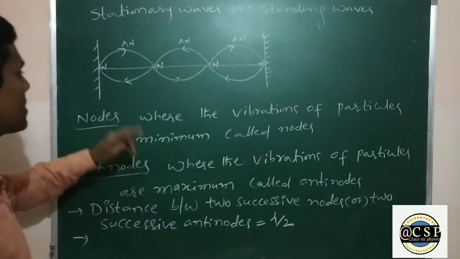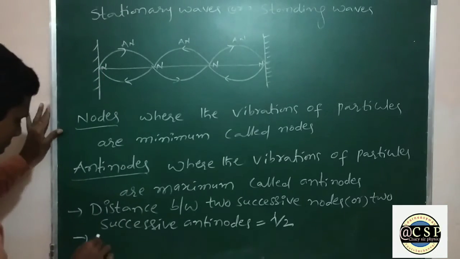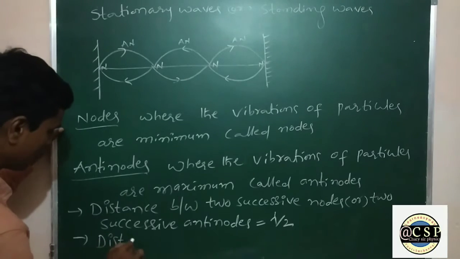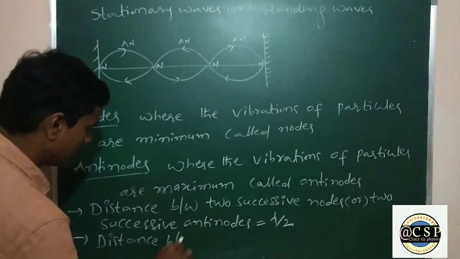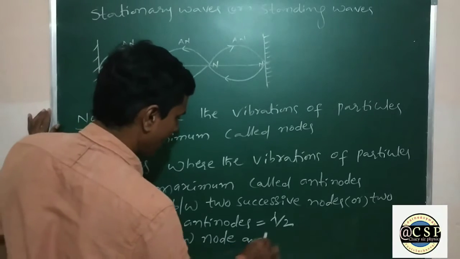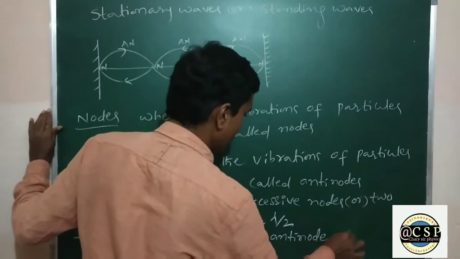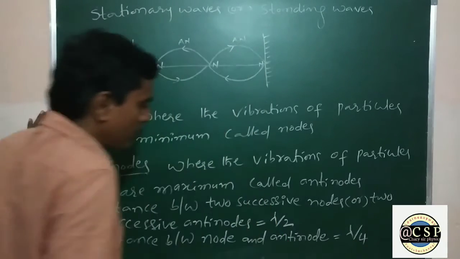The distance between a node and an antinode is lambda by 4.